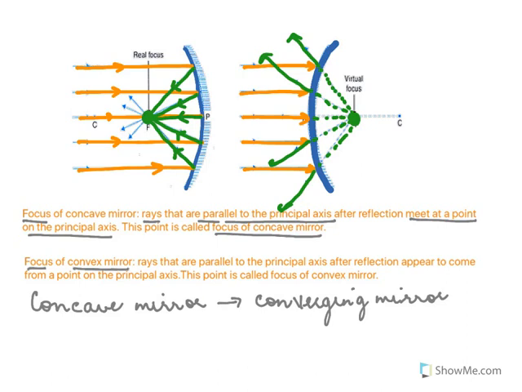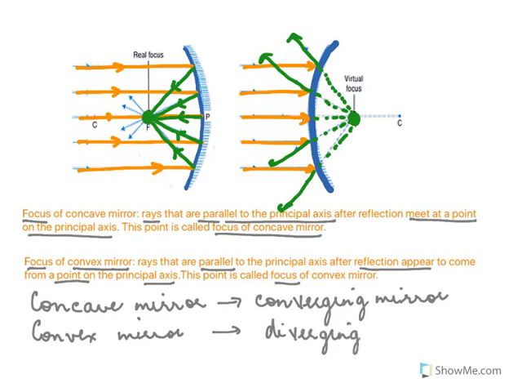So focus of convex mirror: rays that are parallel to the principal axis, after reflection appear to come from a point on the principal axis. This is called the focus of the convex mirror. And if you see the convex mirror, the rays are diverging. So the convex mirror is also called a diverging mirror.